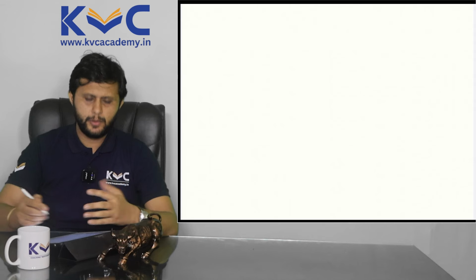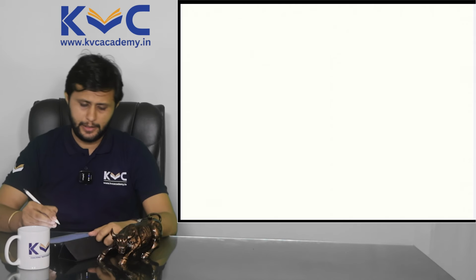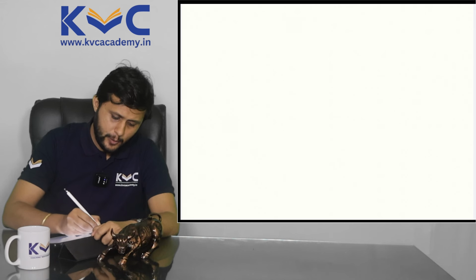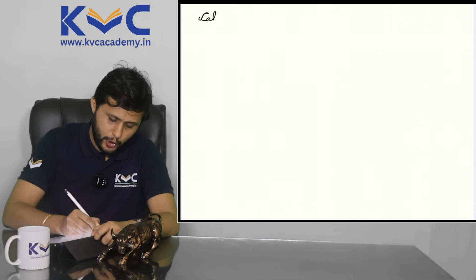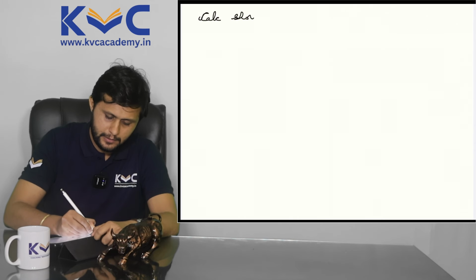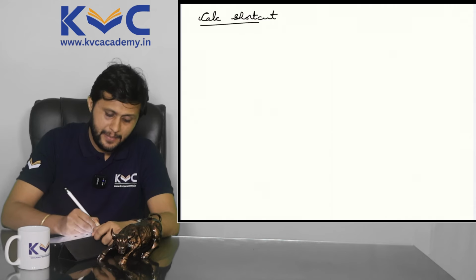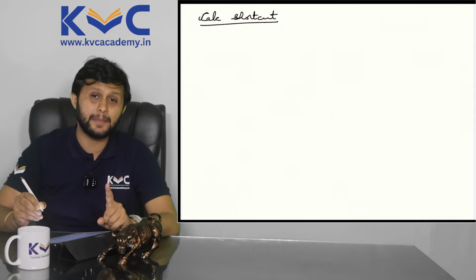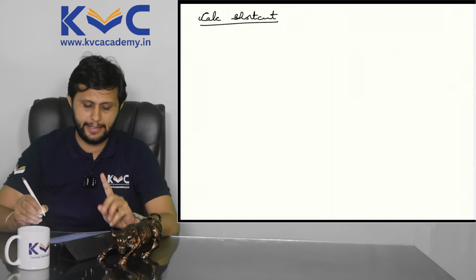So how do we do that? First, I'll write down the formula, then I will explain using some numbers. Now, this formula, this calculator shortcut, can be used only when we have base 10. Remember, this can be used only if you have base 10.